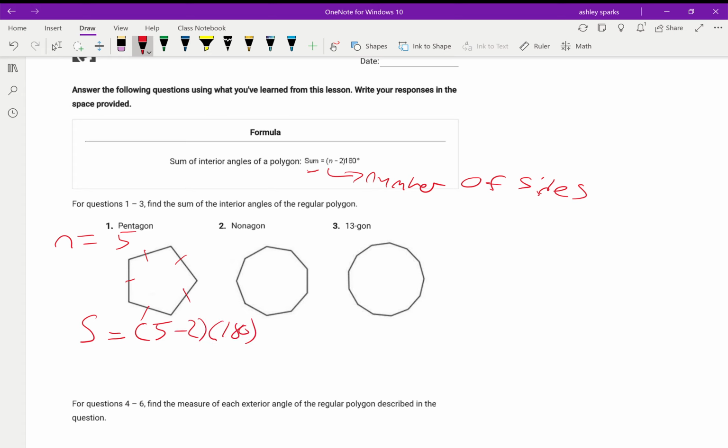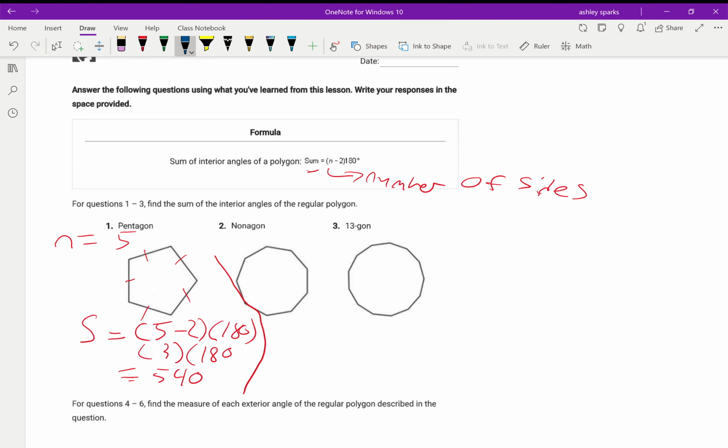Then we simplify. 5 minus 2 is 3, and 3 times 180 gives us a grand total of 540, which is the sum of the interior angles of a regular pentagon, or just any pentagon actually.